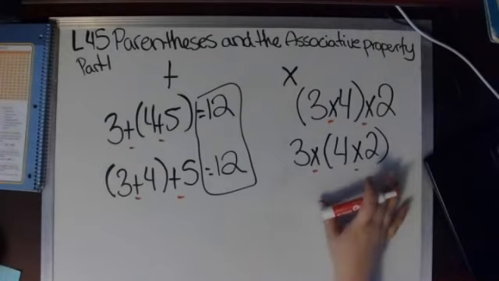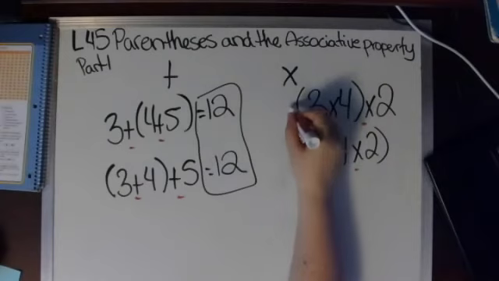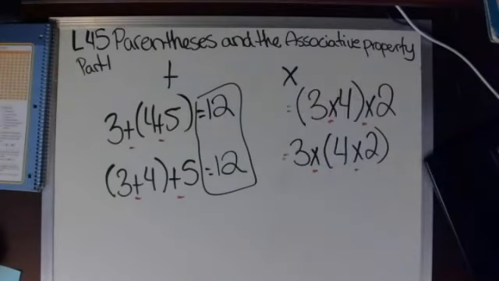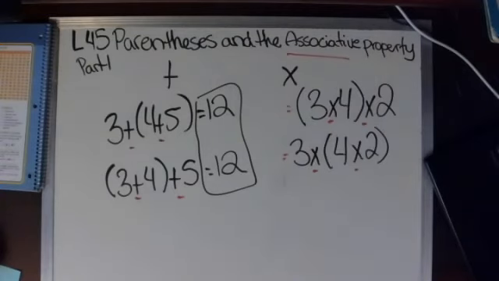Now I'm not going to work this one out for you. If you would like to see if I am right, do so now and pause the video. But I can tell you that both of these are going to equal the exact same thing.